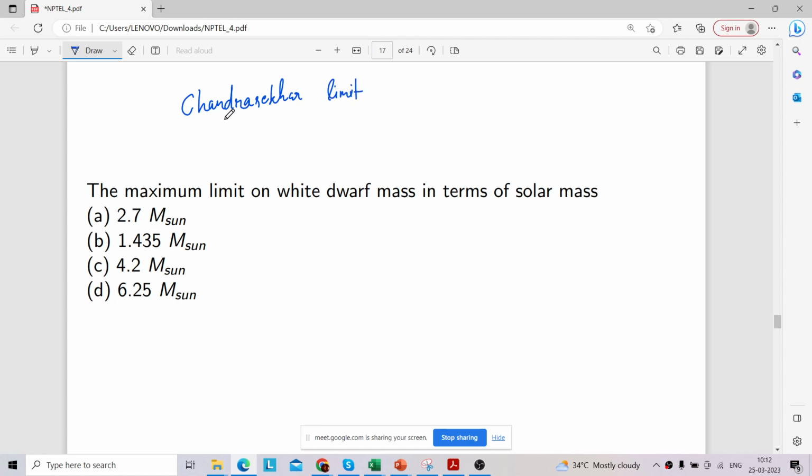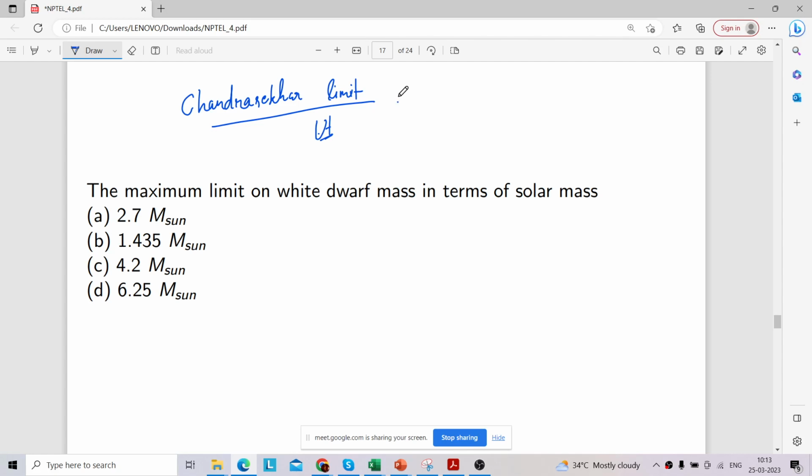What is this limit? It says the mass of a white dwarf cannot exceed a certain upper limit of mass. So this is at the ultra relativistic limit.